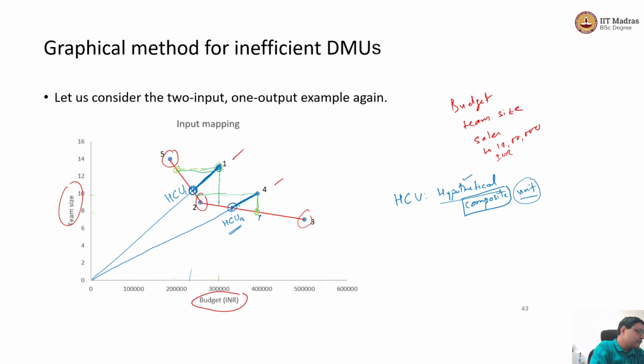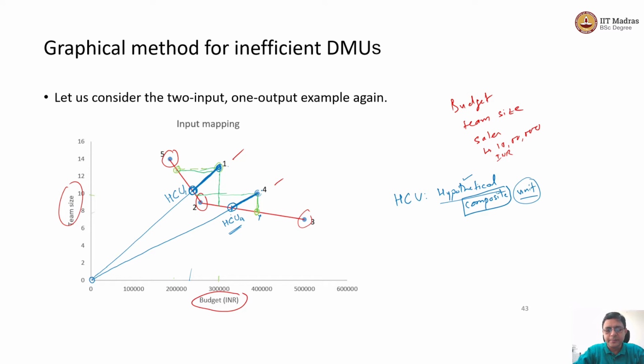it's very easy for us to identify this, right? How do we do that? You already know what this blue line is. Blue line is the line joining the origin, which is coordinate 0, 0, and DMU4, and you know from data the coordinates of DMU4.